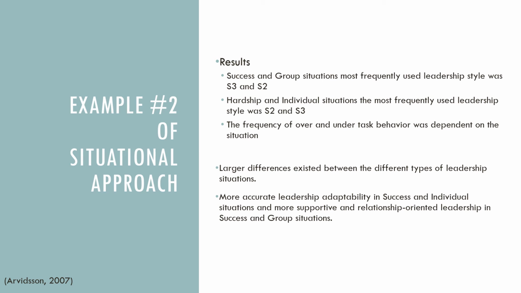This means that the comparison between success and hardship situations and over task or under task behavior turned out to be statistically significant. And the same goes for individual and group situations, but the comparison between individual and group situations and overtask behavior was significantly different, where the individual and group situations concerning undertask behavior were not significant.